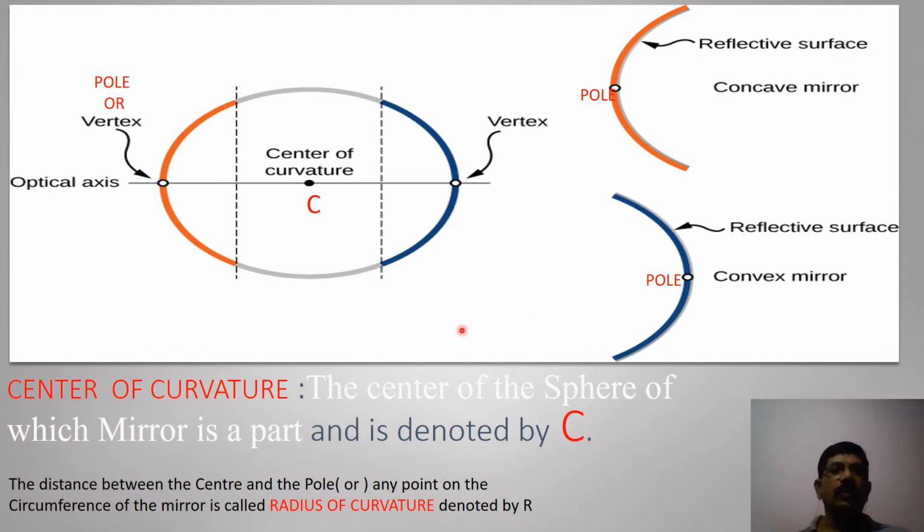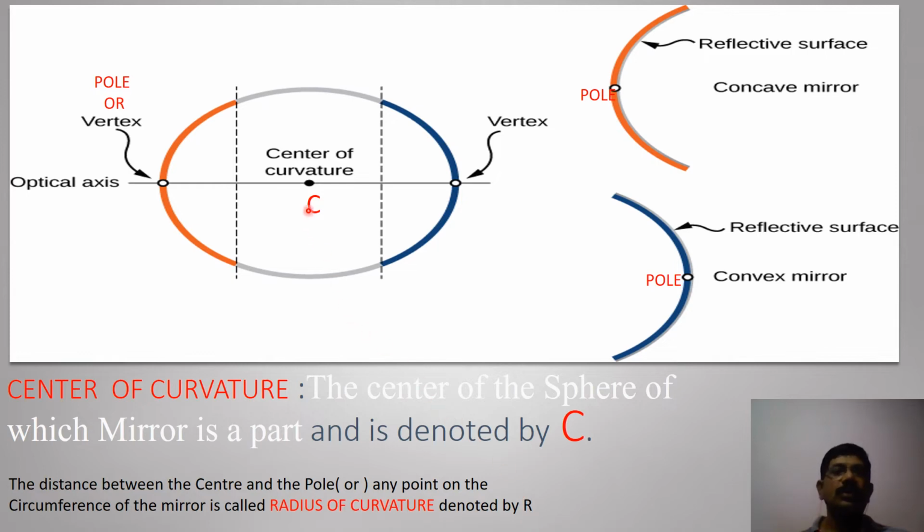Now listen to me. One more thing. The distance between the center and the pole, we also call it the vertex. The distance between the center and the pole, or any point on the circumference of the curved surface, is known as the radius of curvature, and is denoted by r and measured in centimeters.